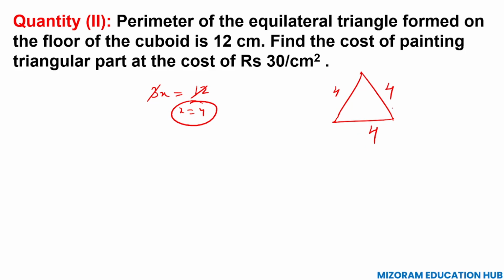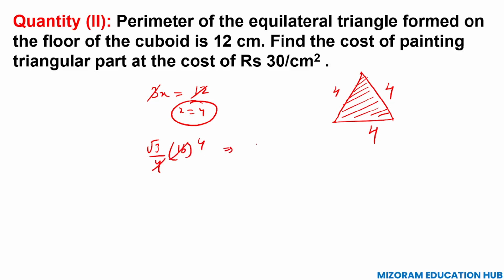Now the cost of painting the triangular part. In this case, the area of an equilateral triangle is root 3 by 4 side square. The side is 4, so 4 square is 16.